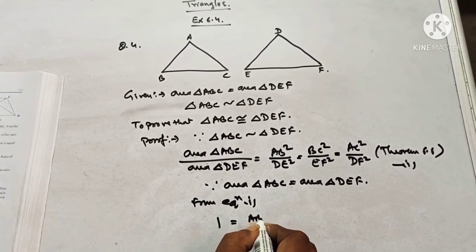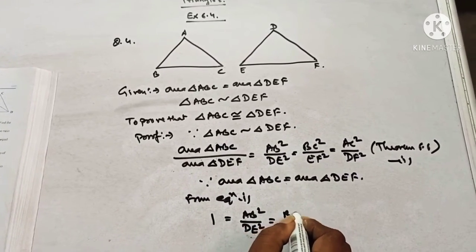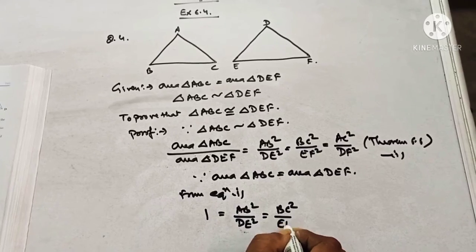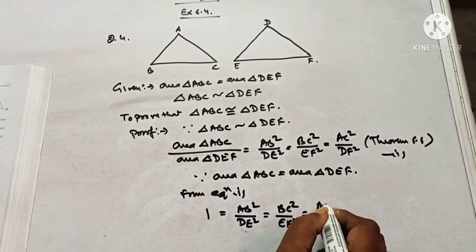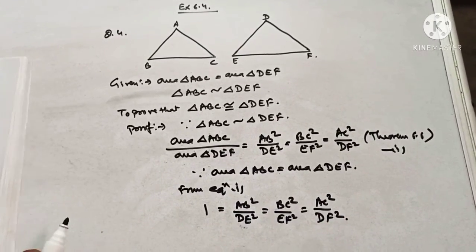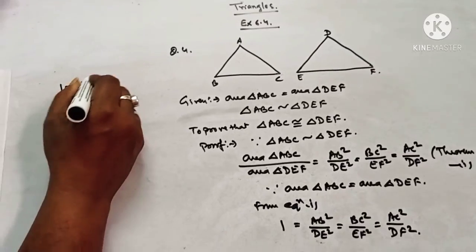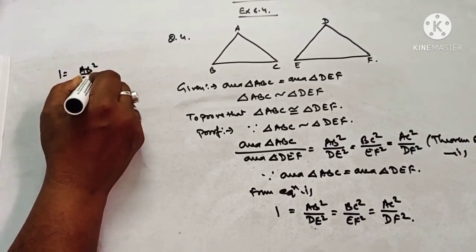So AB square by DE square is equal to BC square by EF square is equal to AC square by DF square, and this is equal to 1.